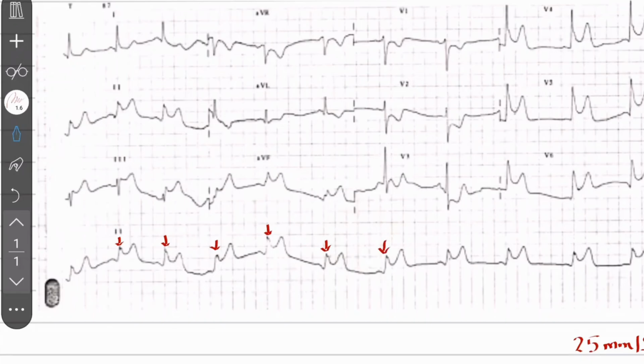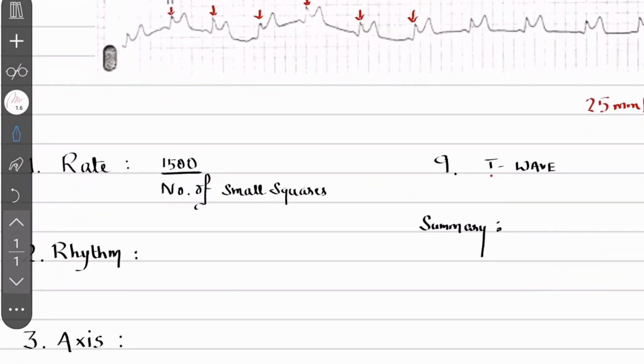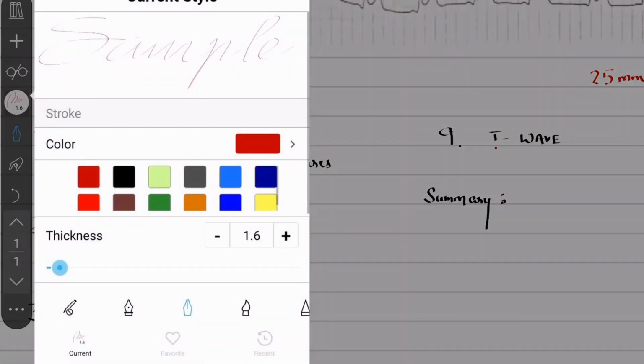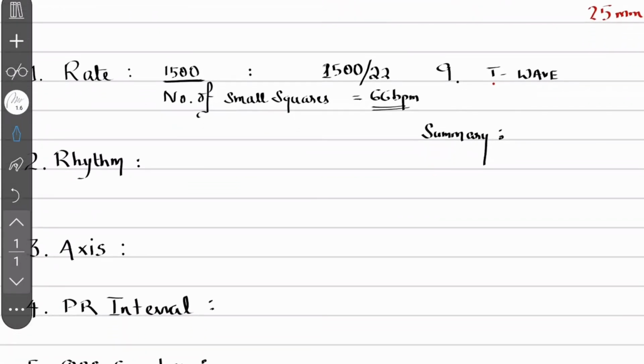Here we can see there are about 22 small squares. 1500 divided by 22 becomes 66 beats per minute. So the rate of the ECG is 66 beats per minute, which is normocardic. So there is no tachycardia or bradycardia.